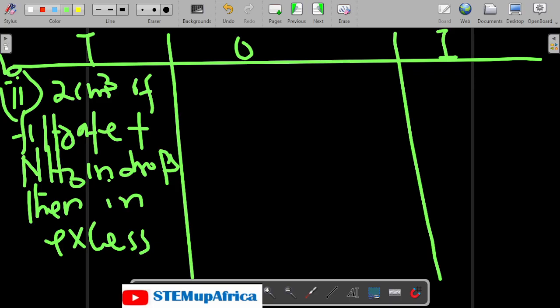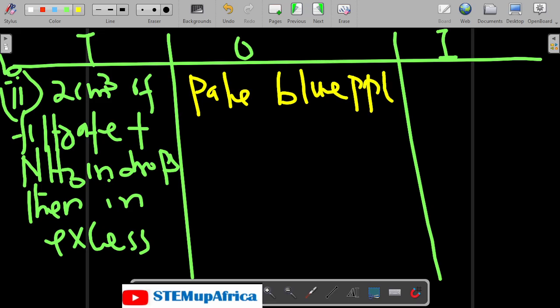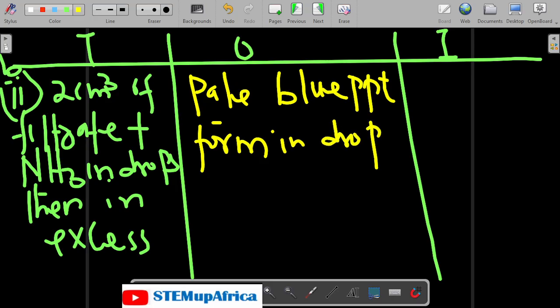We are going to see a pale blue PPT formed when I add it in drops. So meaning copper is present.